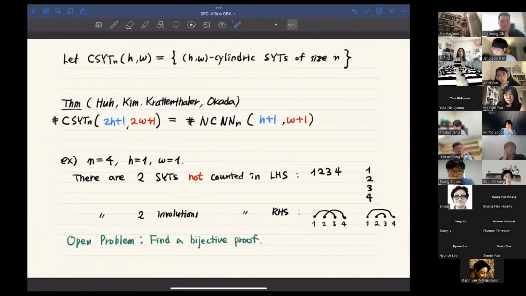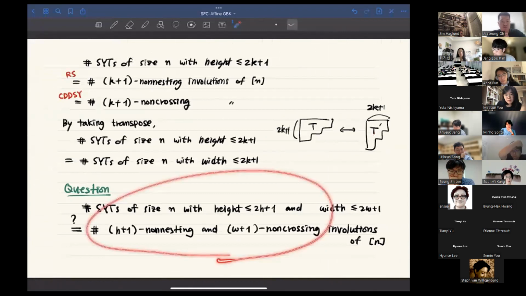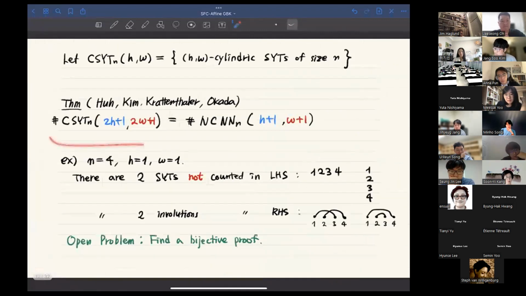And our theorem is this. The answer to this question is this: this is the right object that should be counted the same as the non-crossing non-nesting. So non-crossing non-nesting for this h and w has the same cardinality as the cylindric standard Young tableaux.